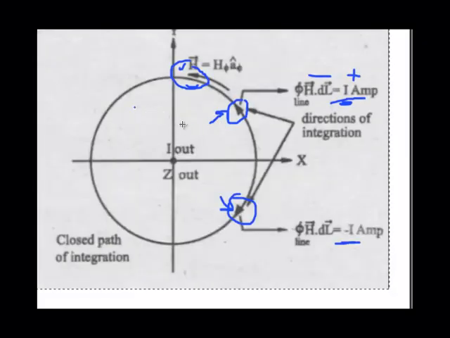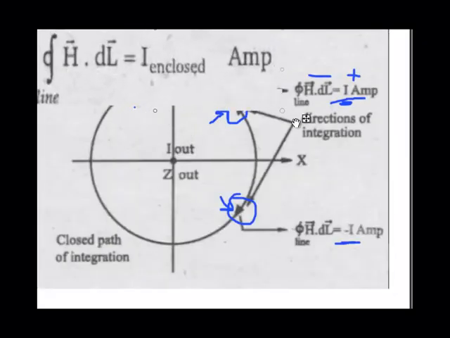The formula to obtain the current due to magnetic field intensity present on a current filament is this formula. Let me put that formula. This is the formula. Integration of H into dl.